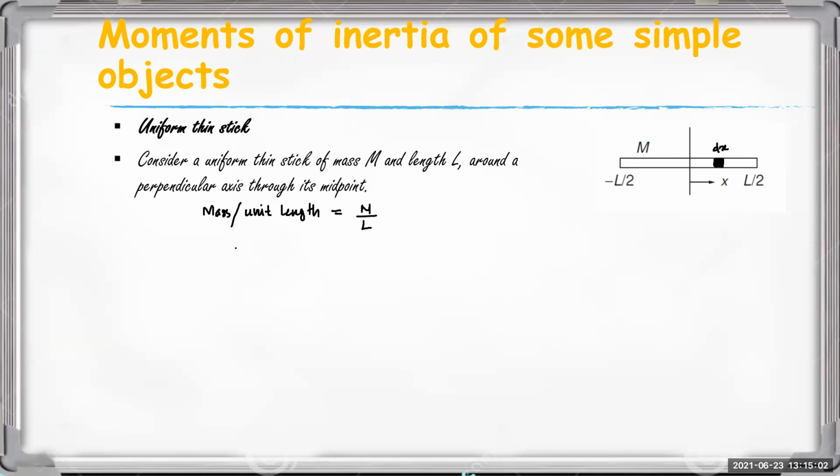Then the mass of that element dx, I write it as dm, is equal to what, m by l into dx. The length is dx, m by l is the mass per unit length.